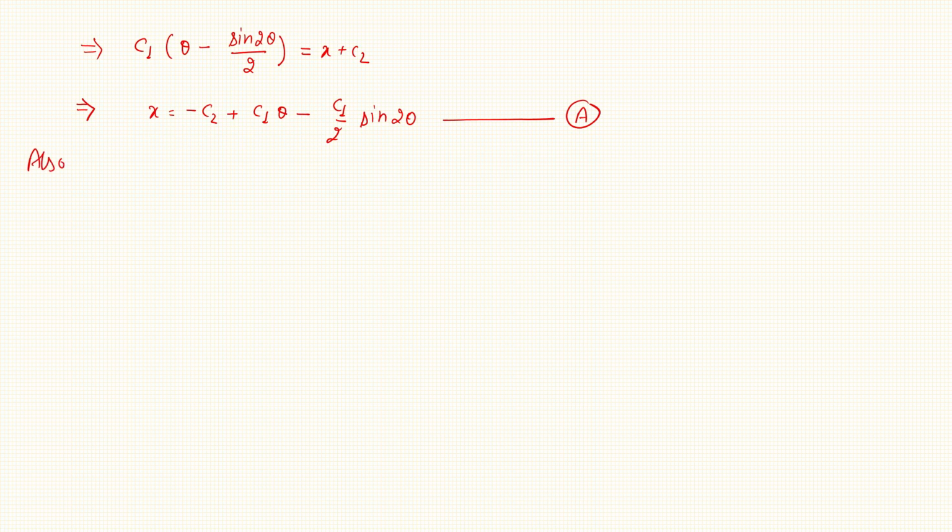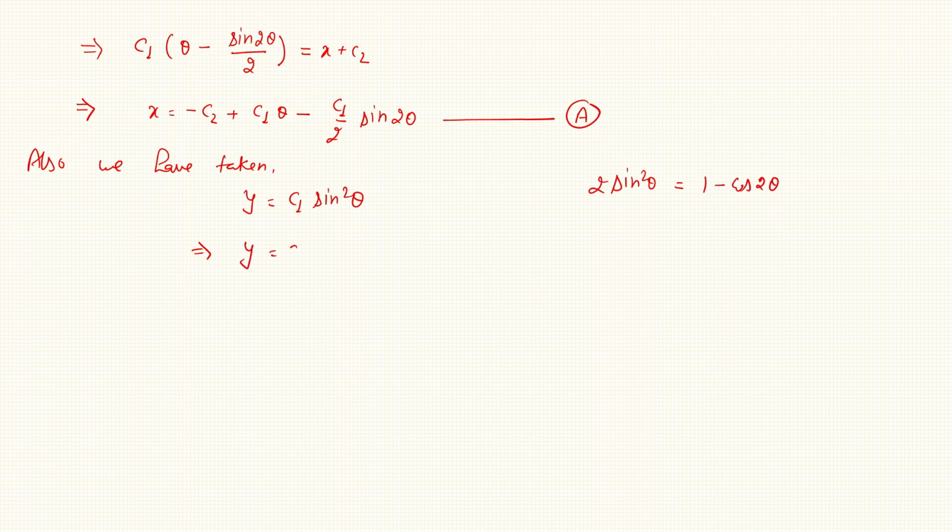Also, we have taken y is equal to c1 sin square theta, and sin square theta can be written as 2 sin square theta is equal to 1 minus cos 2 theta, means y will be c1 into 1 by 2 (1 minus cos 2 theta). Then y will be c1 by 2 (1 minus cos 2 theta).